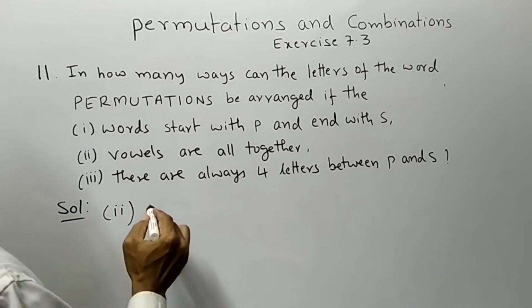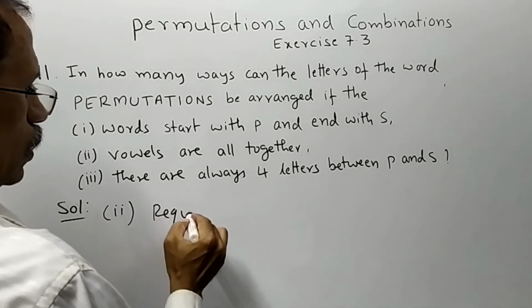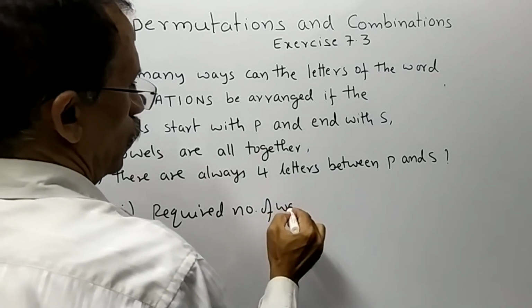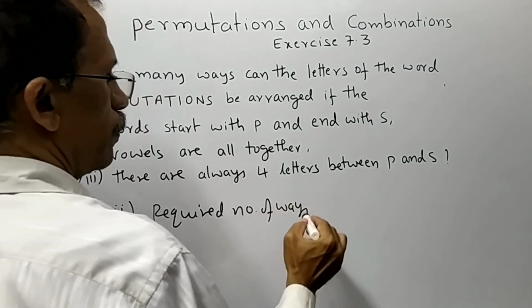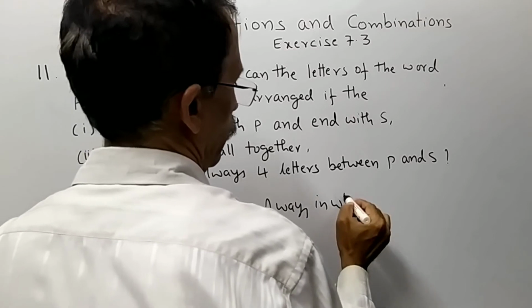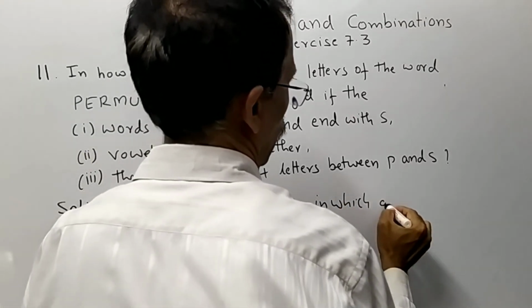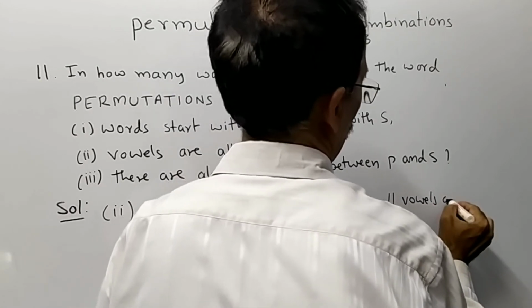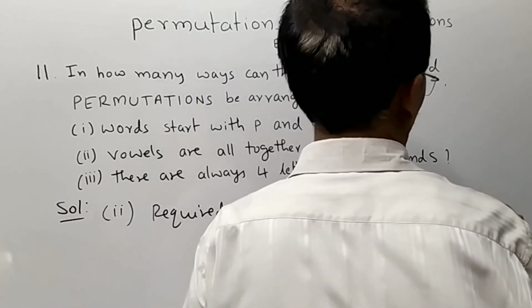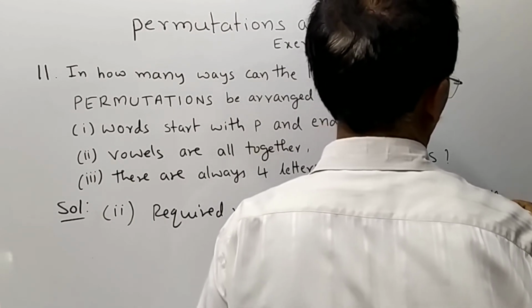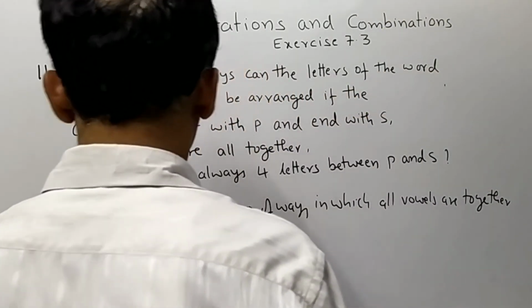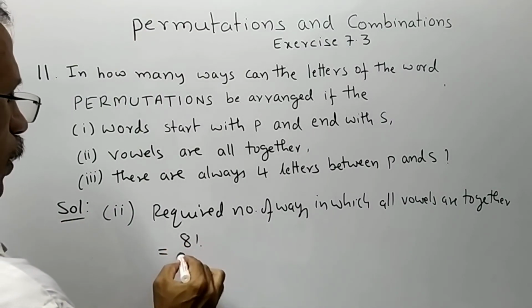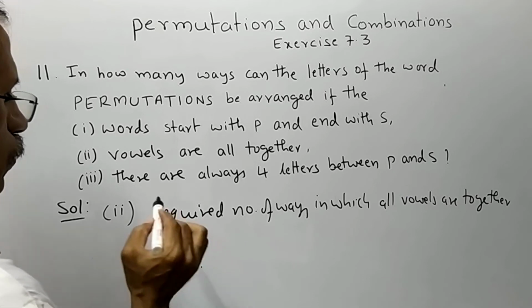Therefore, required number of ways in which all vowels are together is equal to factorial 8 divided by factorial 2.